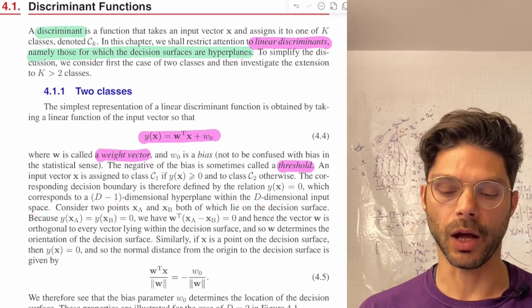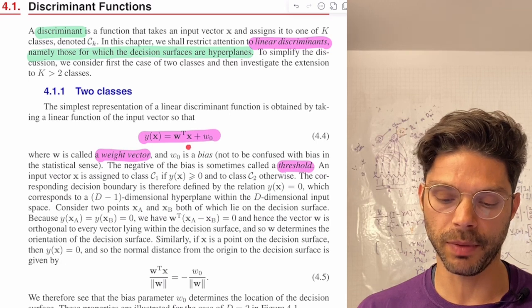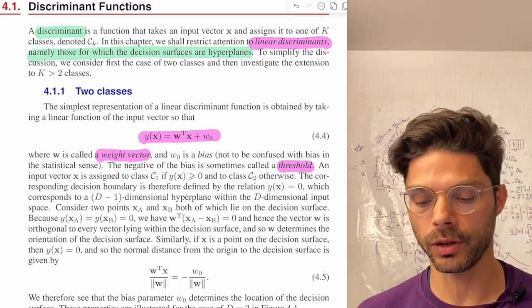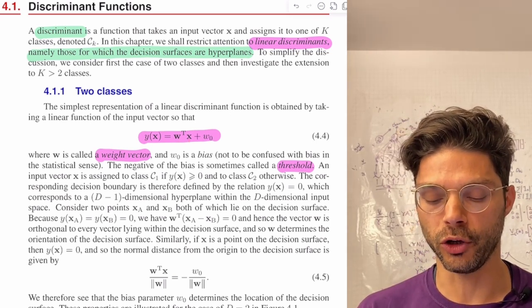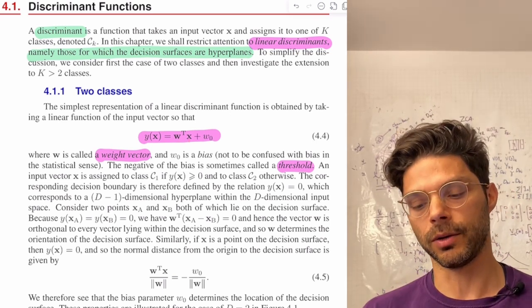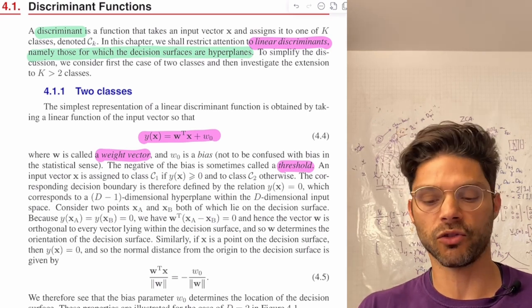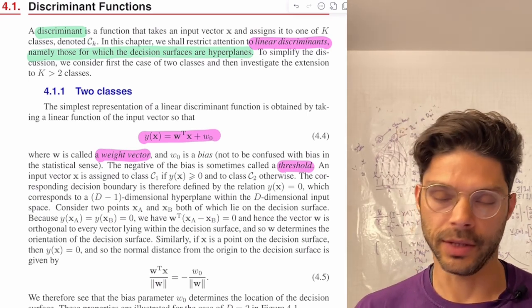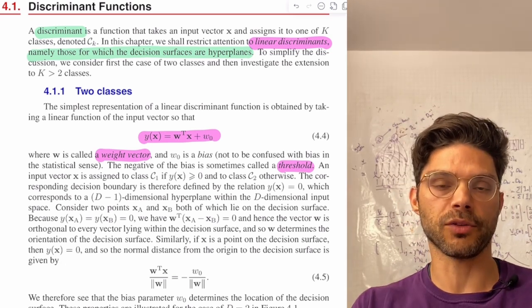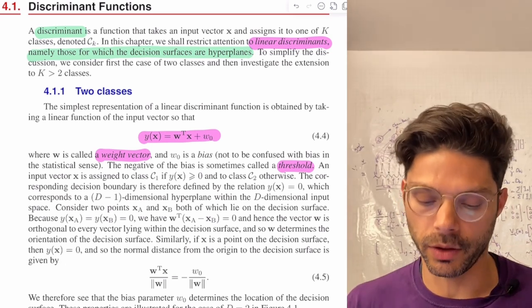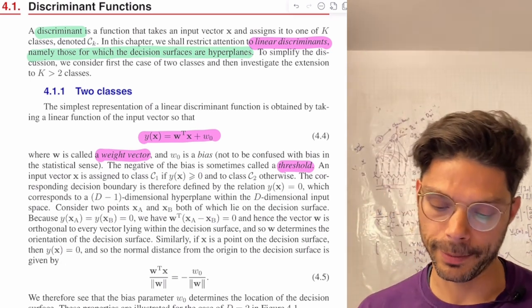And the reason, we talked about this, but again, you have this D-dimensional input space, so your weights are going to be D-dimensional, and your x's are going to be D-dimensional, and then you're going to look for the set where y(x) is equal to 0, and that's going to give you one constraint. It's just a scalar value of your inputs, and so that's going to leave you D-1 degrees of freedom. So that's one way of thinking about it.